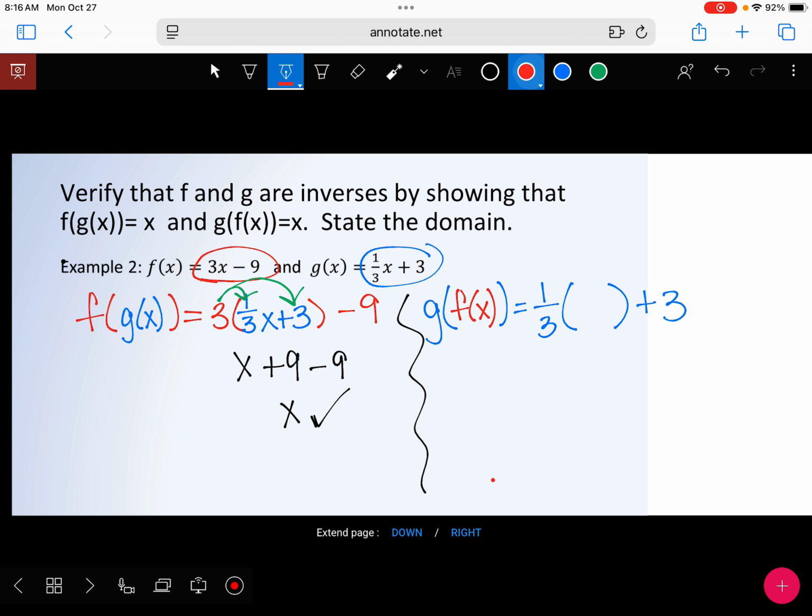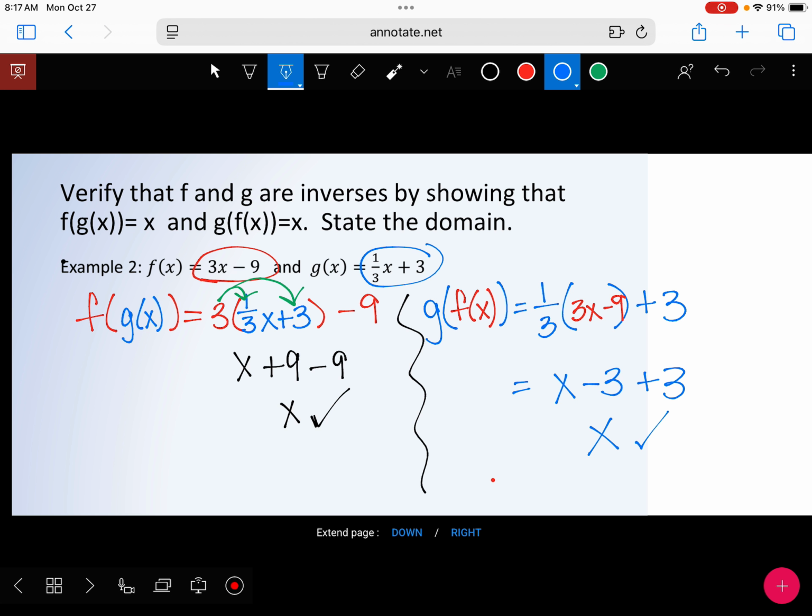And then inside of that, I'm going to put f of x, which would be 3x minus 9. Multiplying by 1/3 is the same as dividing by 3. So I'm really just dividing both of these by 3. That's the same as multiplying by 1/3. So that's going to give you x minus 3 plus 3, which is also x.